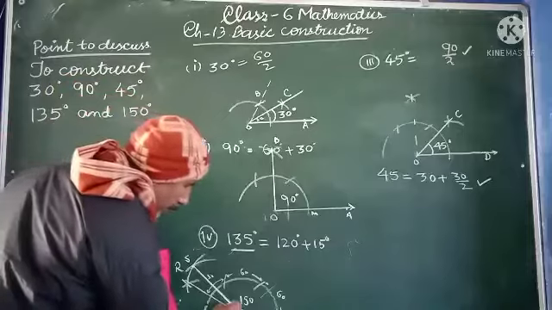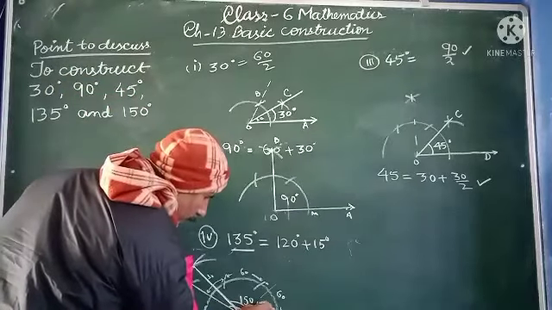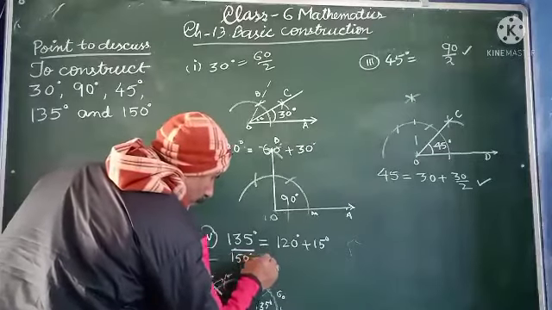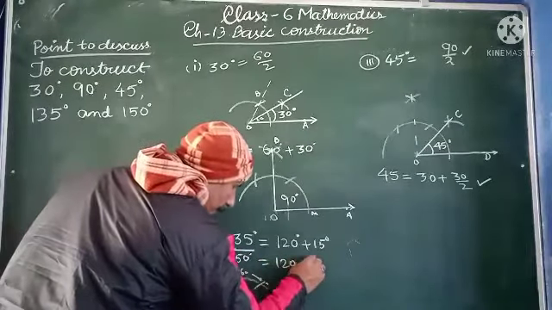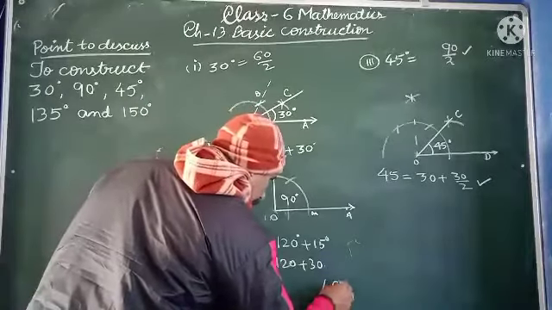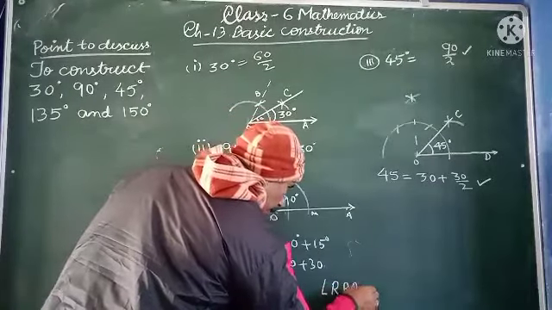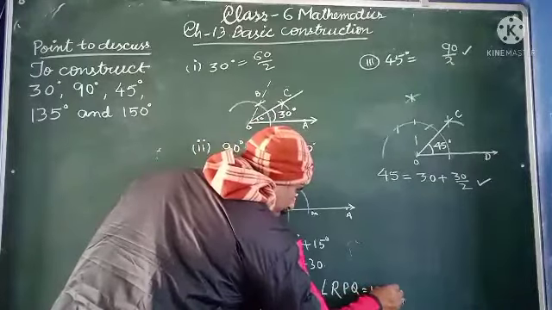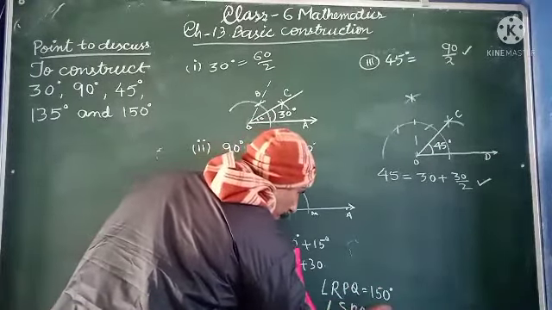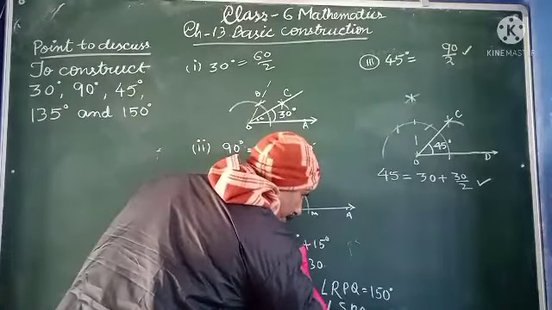So this will be 135 degree. So we got both. 150 is equal to 120 plus 30. So here you will get angle RPQ, that is the 150 degree, and angle SPQ, that is 135 degree.